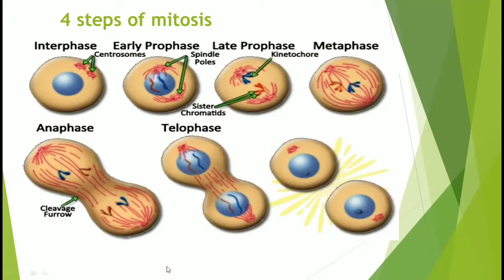A nuclear membrane is formed around each set of chromatids that reached the pole. Thus, two daughter nuclei are formed in a cell.